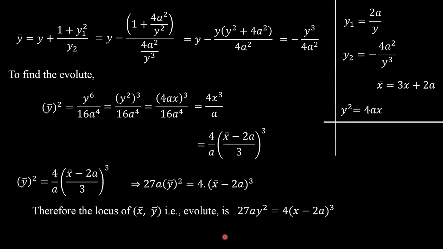Therefore, the corresponding evolute of the given curve is 27a y square is equal to 4 into x minus 2a whole cube. Even if you keep the final answer in terms of x bar, y bar, it's fine. But I have just changed the variables x bar, y bar to x and y. That's it. Hope it is clear to you, students.